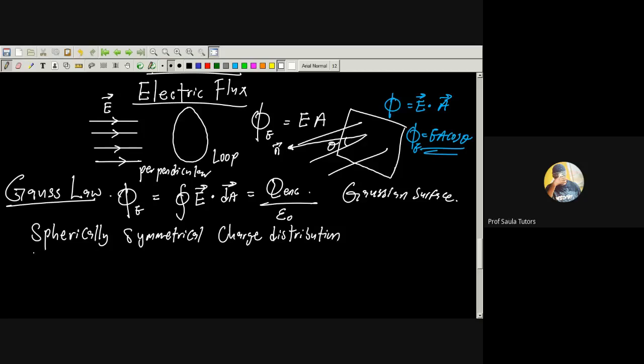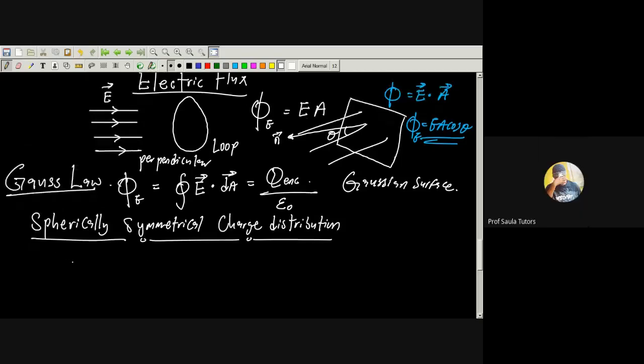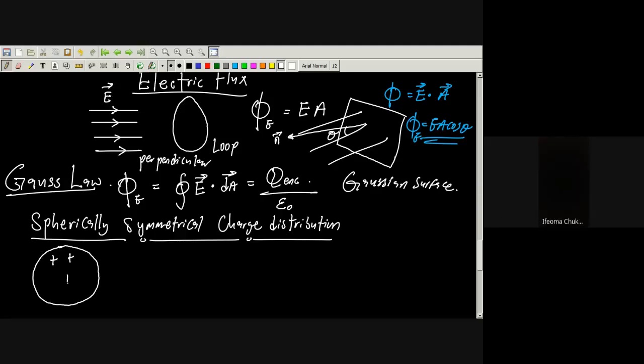Let's take for instance that I'm having an insulating sphere. Now pay attention, this part is very important. I'm having an insulating sphere, and this sphere encloses some charges. The radius of this sphere is given as R, capital letter R.